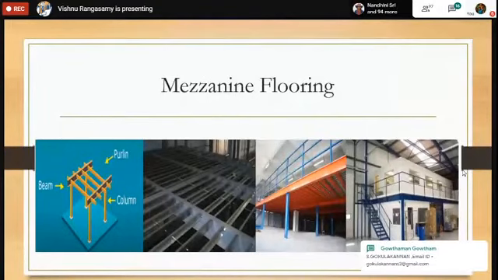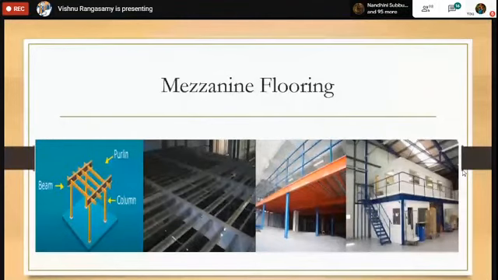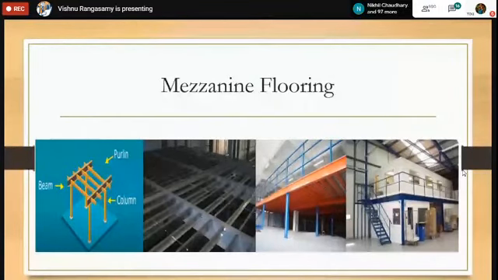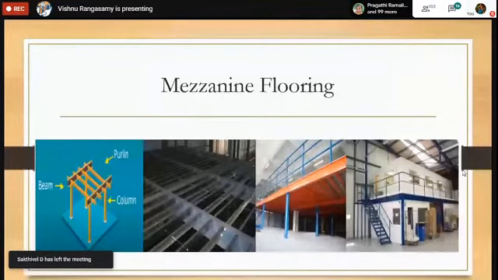Next, while doing the interior works, we started the mezzanine flooring, like in the third image and fourth image, where rolls of cloth can be processed into clothes. The client wants these kinds of technologies implemented so that he can produce more goods within a short time.